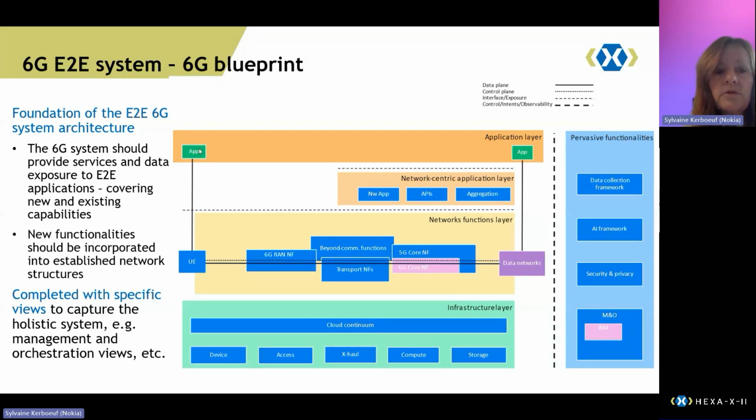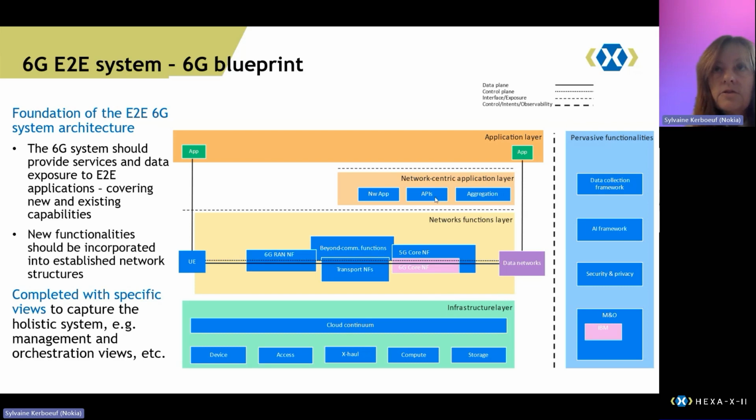On the top, you've got this traditional application layer from third parties. Then we have this network-centric application layer, whose role is to enable a full ecosystem of applications to interact with the underlying 6G network via simplified APIs for leveraging, for example, QoS, sensing service, localization service, compute service, and so on.